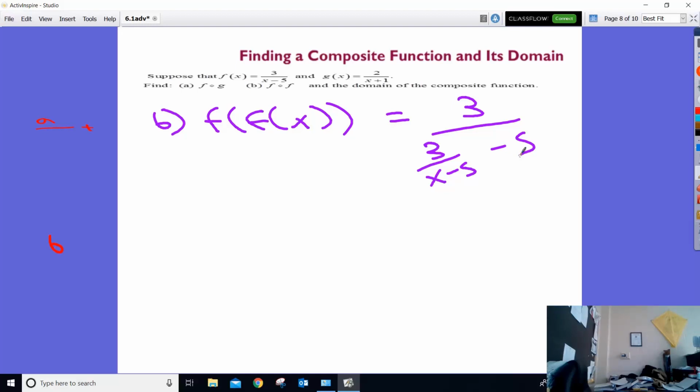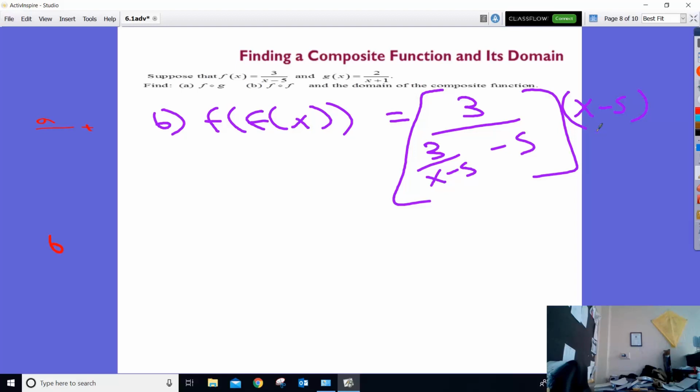X minus 5. If you look at this thing, 1, 2, 3 pieces, the only fraction is this piece right here. The least common denominator is X minus 5. Take the entire function and multiply it by X minus 5.